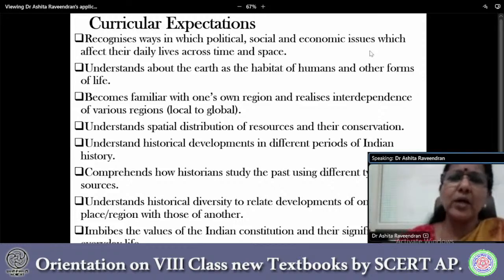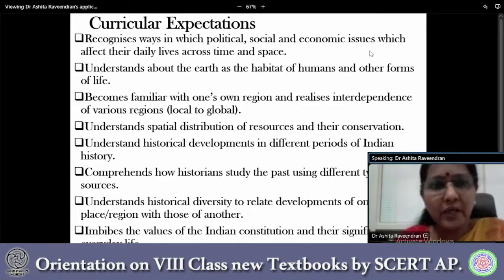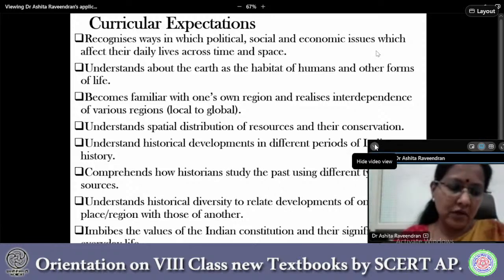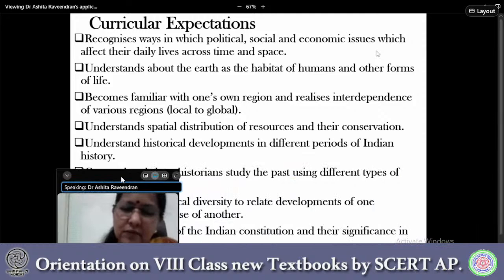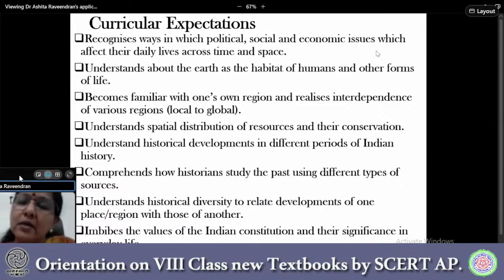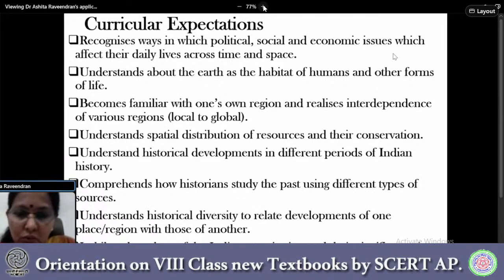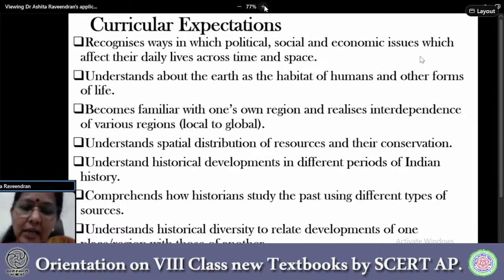Now let's look at what is expected from the social science learner. What are the curricular expectations that we have from the learner learning in class 8th? First is how do these political, social, and economic issues affect their lives?